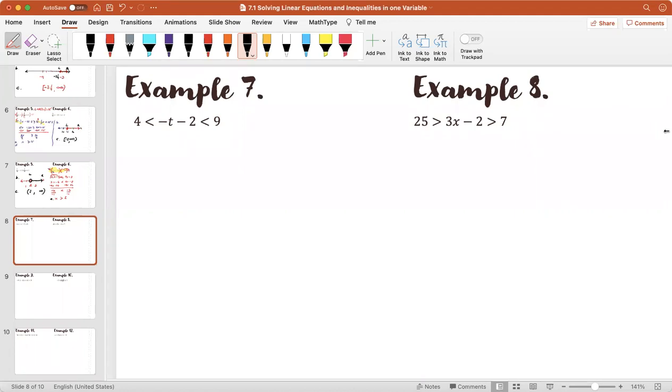We have 4 less than negative t minus 2 less than 9. For a three-part inequality, we always have to get rid of the numbers in the middle to isolate your t or any variable.